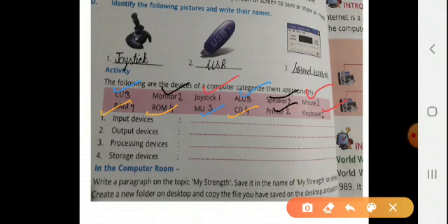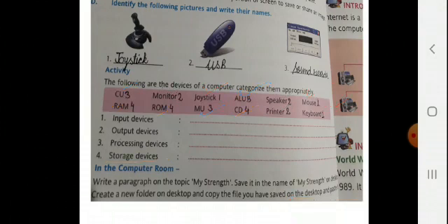Storage devices are by the yellow pen. Okay, processing devices are of blue, output devices by black and input devices by red. Okay, so this is your work. Complete it.